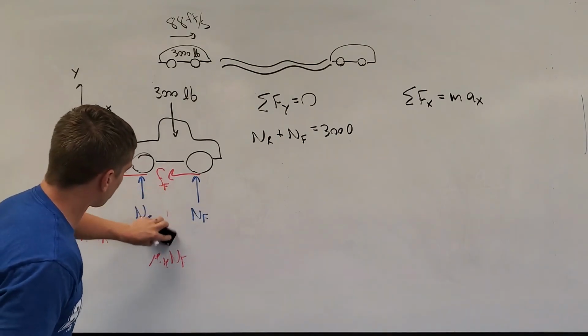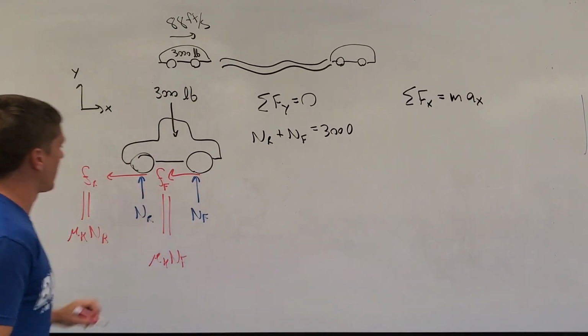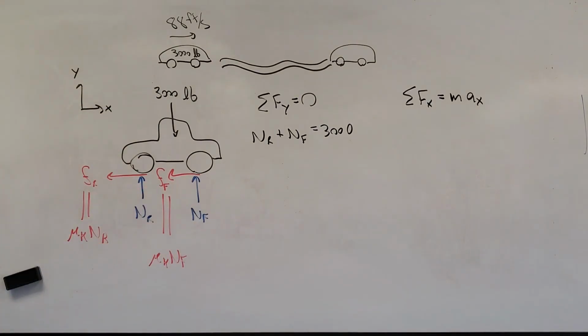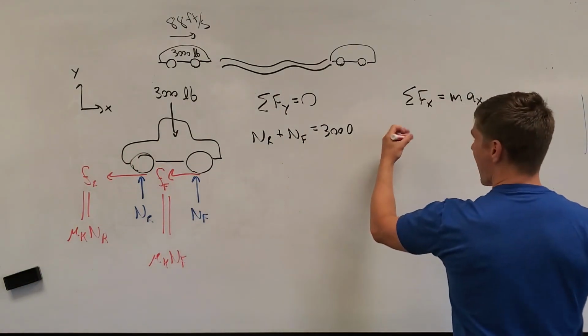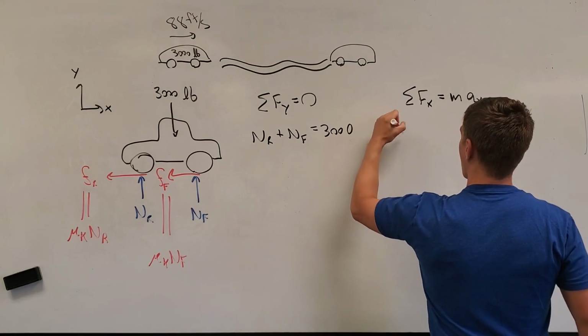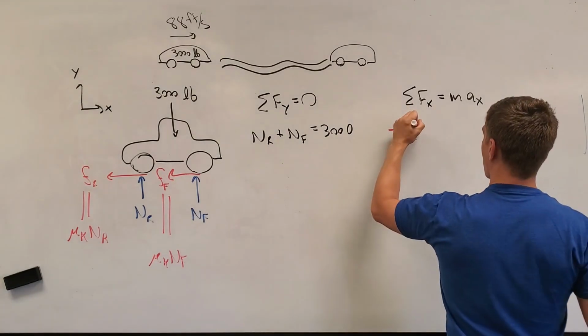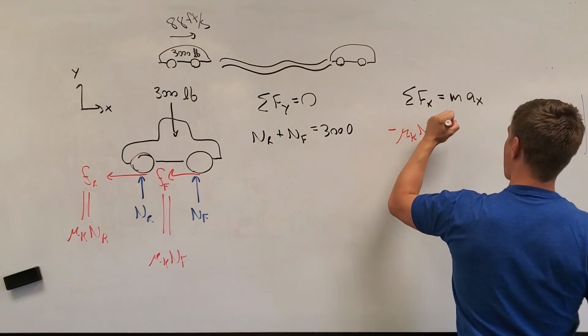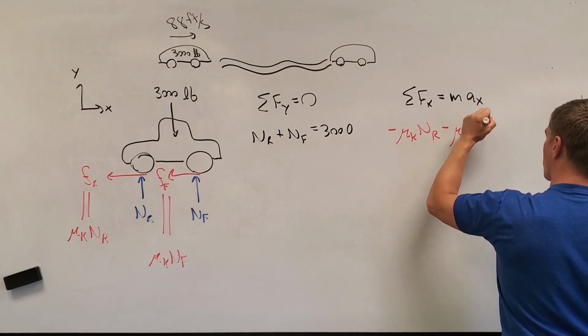We'll do equal signs so that we know what those values are. So we can say that we have a negative coefficient of kinetic friction, because it's acting to the left, times our normal force from the rear, minus our coefficient of kinetic friction times our normal force from the front.